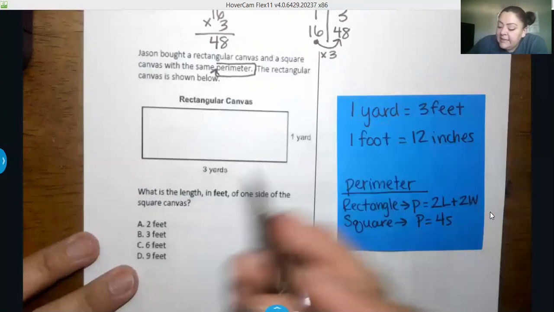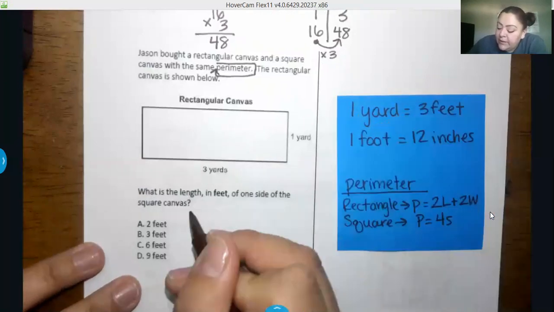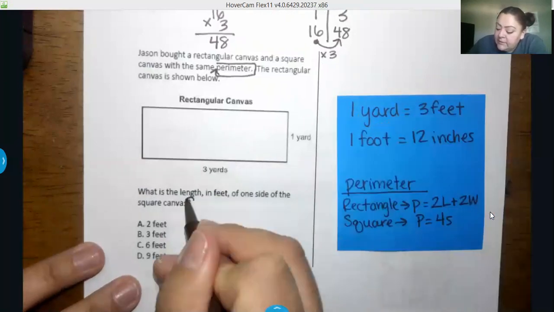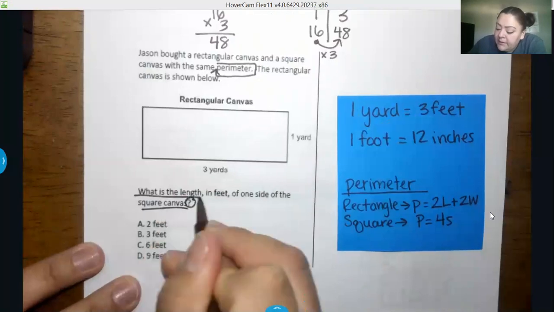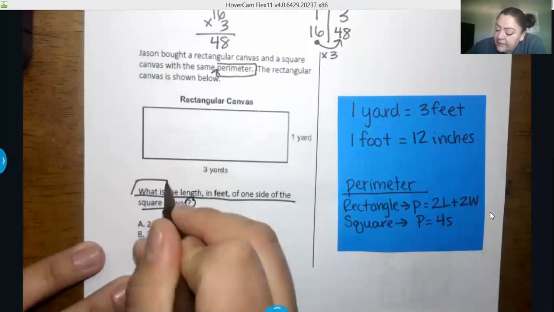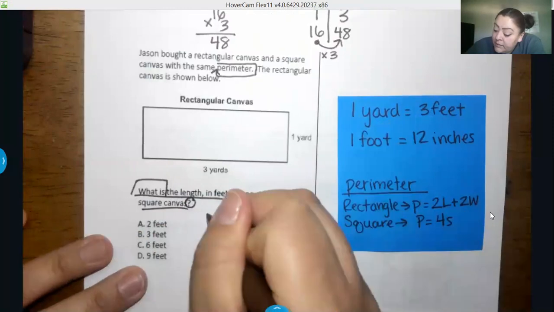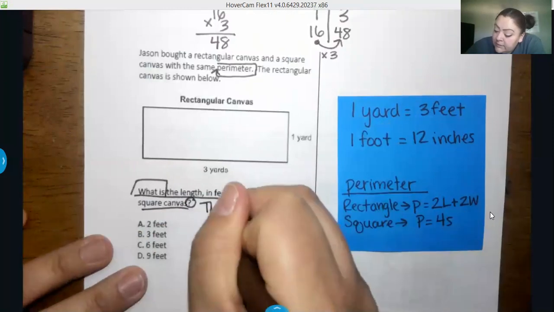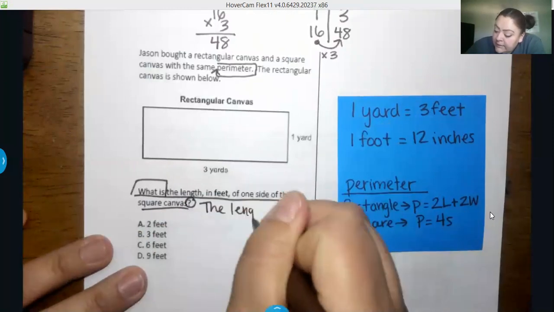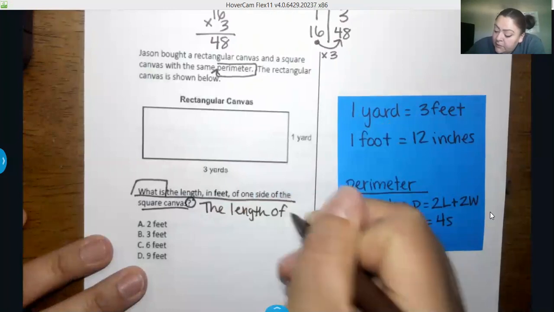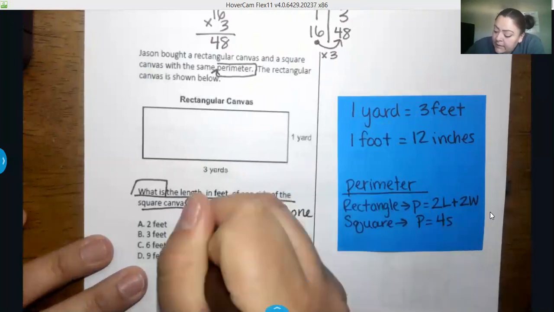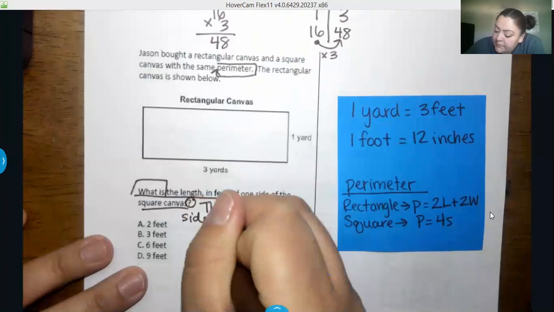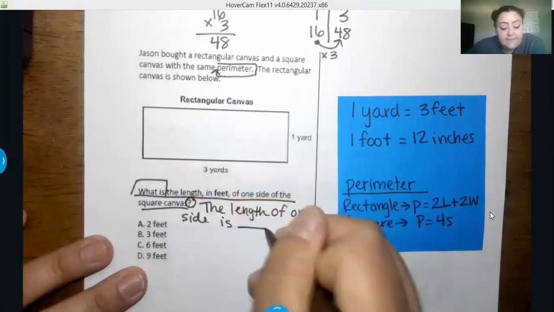What is the length in feet of one side of the square canvas? Same thing, underlining what is. The length of one side is blank, and they want to know in feet.